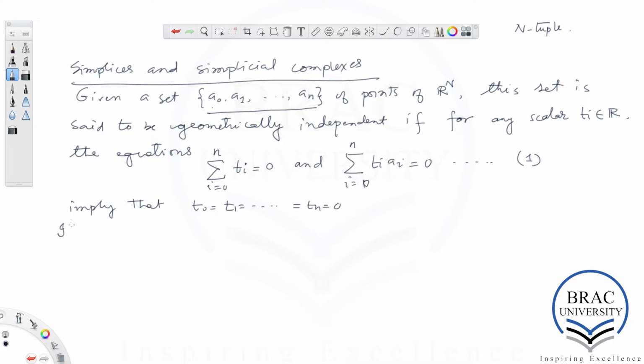It is immediate from the previous discussion that a one point set A0 is always geometrically independent.